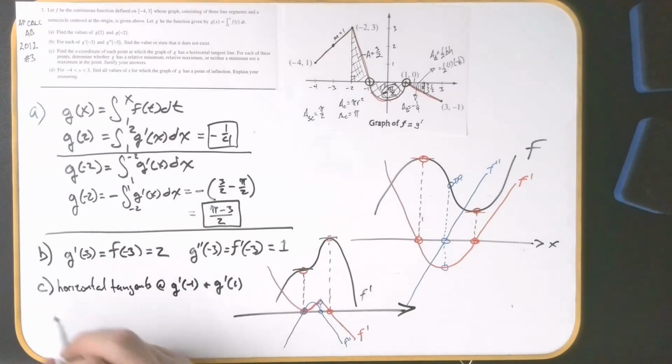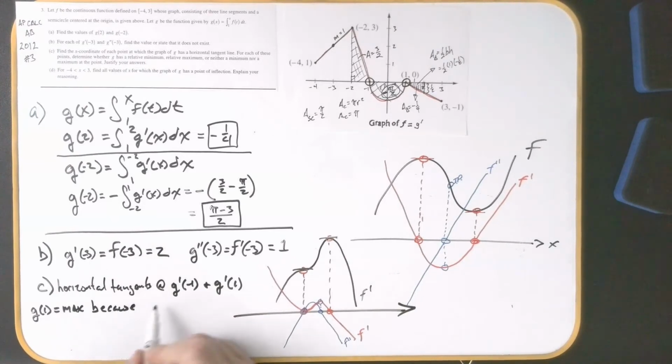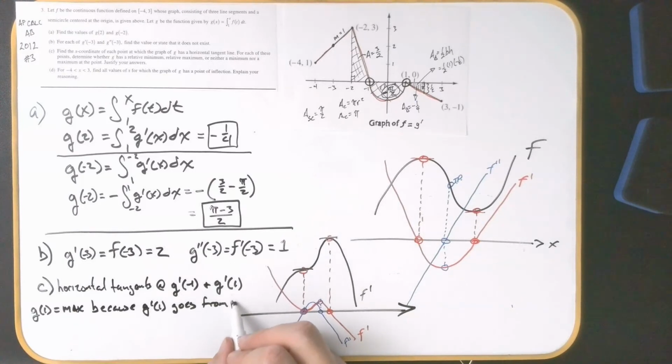So I would say g has a, I'll sneak this in right here. G of 1 is equal to a max because g prime of 1 goes from positive to negative. Okay, that's what they want to know. What's the sign of g?